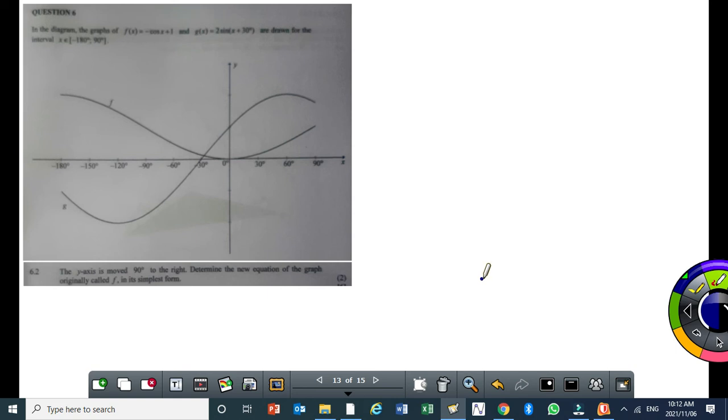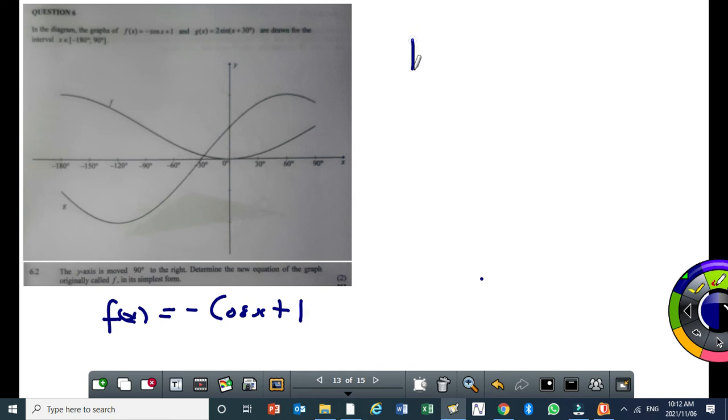Do you understand? So, if the graph is going to move 90 degrees to the left, it means our equation, remember, f was initially f of x equals minus cos x plus 1. So if we move 90 degrees to the left, it is the same as moving the y-axis to the right by 90 degrees.